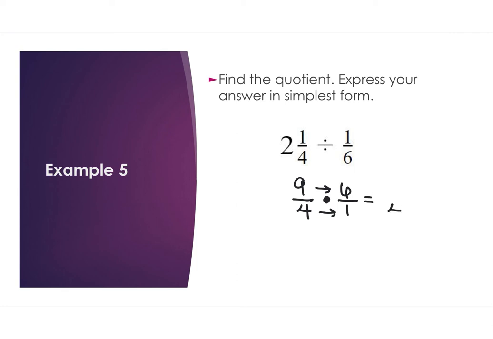Multiply straight across. 54/4. I need to reduce that. I see they're both even, so I can divide them both by 2. And I have 27/2.